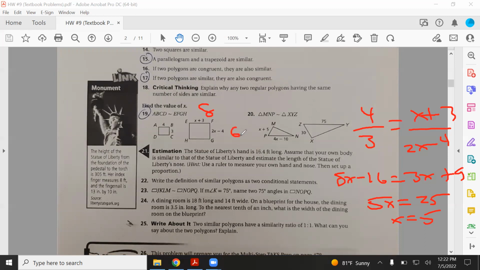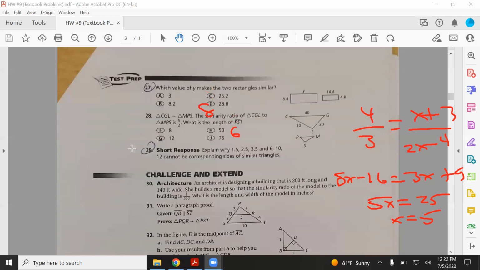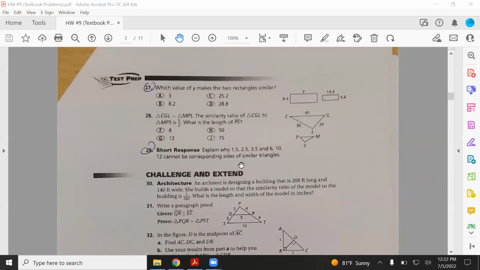So it follows a 2-to-1 ratio. 29's no, because proportional is 1.5 over 6 or 2.5 over 10.